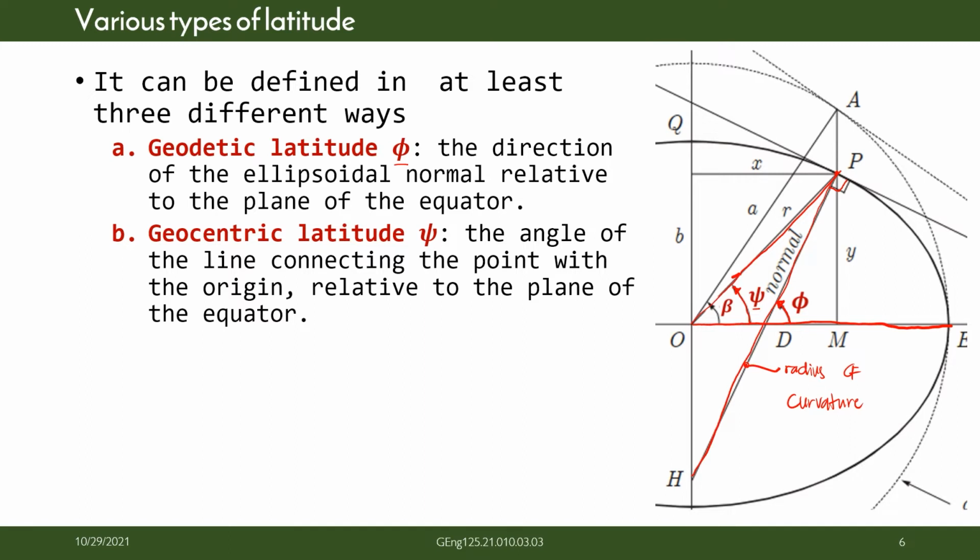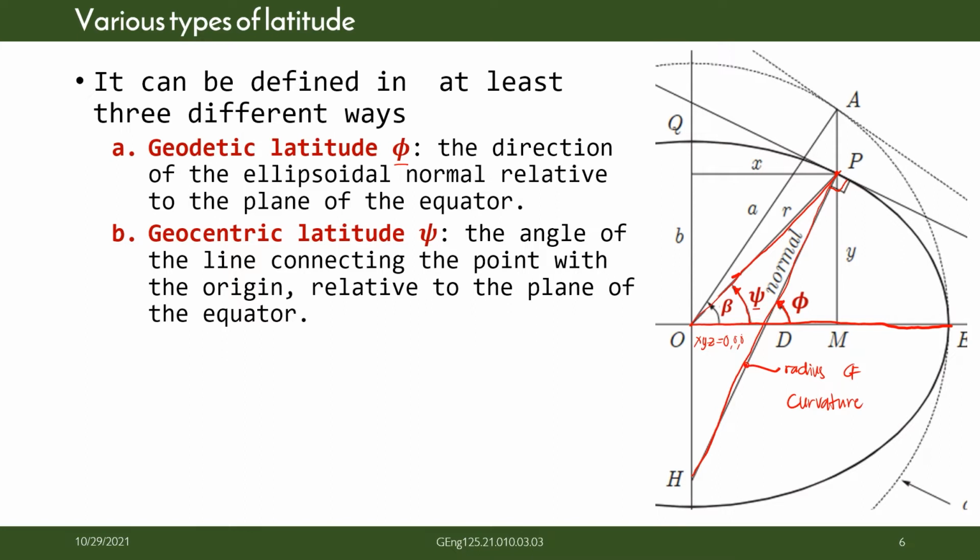When we say origin, that is the center, right? Where x, y, z is 0, 0, 0. So that is the projection of your geocentric latitude.